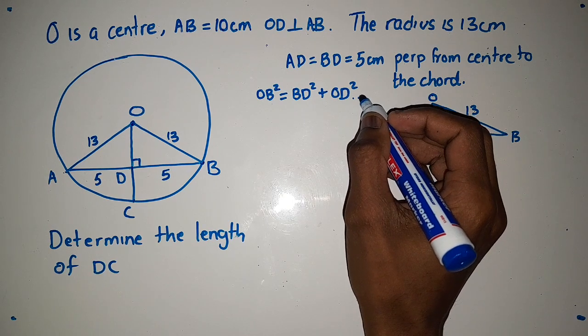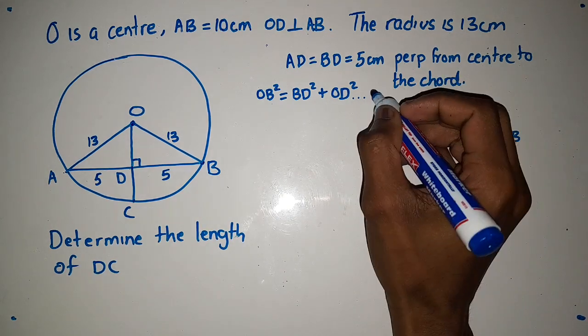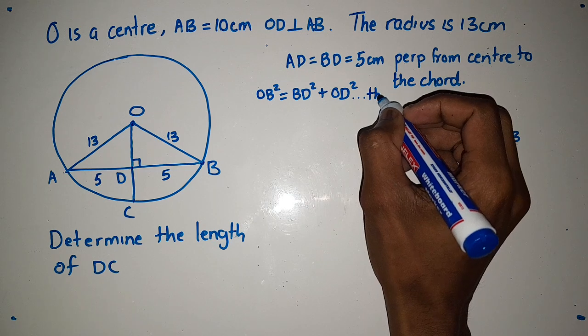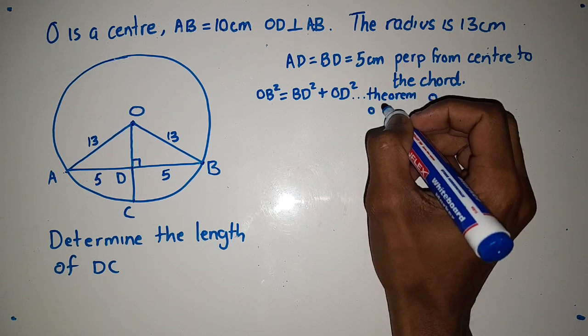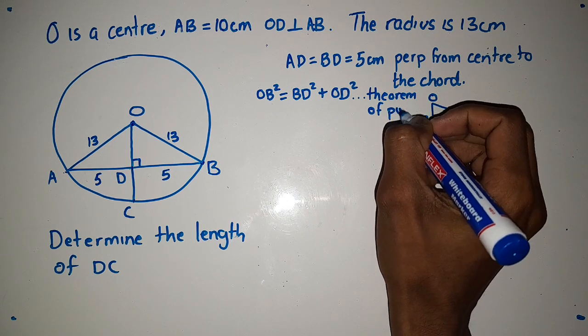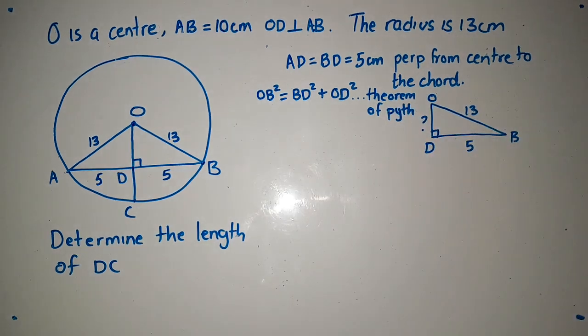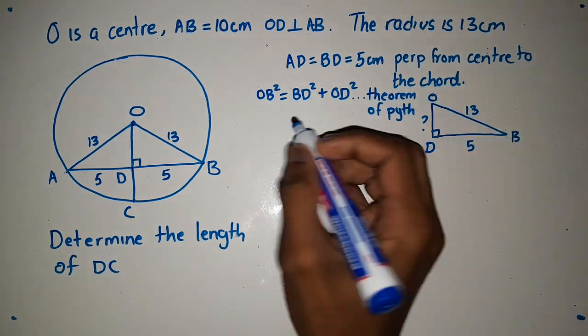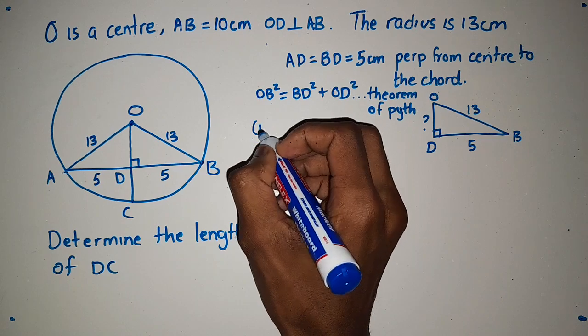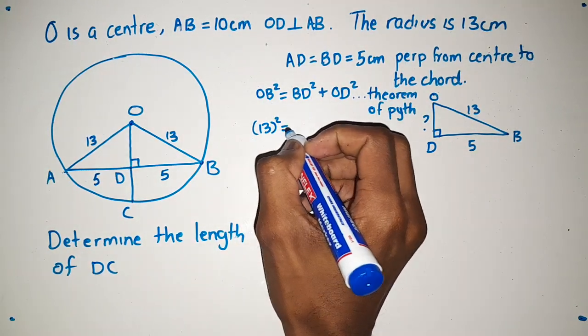Then in this case we have a theorem of Pythagoras. Okay, I don't have much space, let me write here. Do you understand? Now let us substitute. Our OB is 13, we have 13 squared.